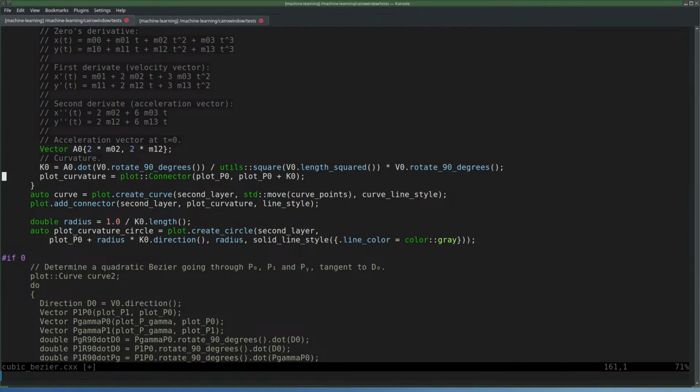Yep. So now I can go back to my README. And fix that.